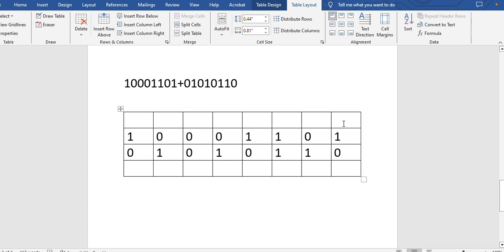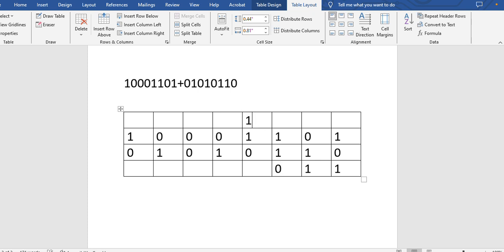We are adding to this 1 1 0 1 0 1 and 0. So we want to add these two numbers, okay? And this row here will be holding our carry bits, the one that we carry the excess, so that we add to the next place value.